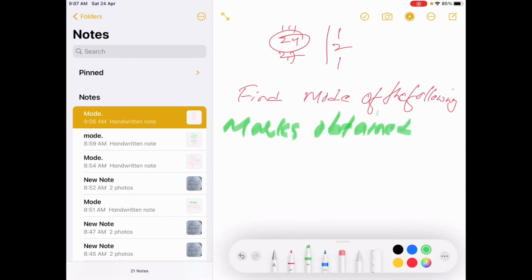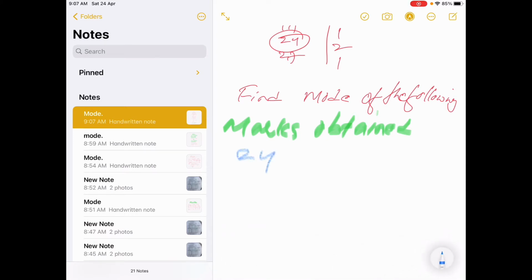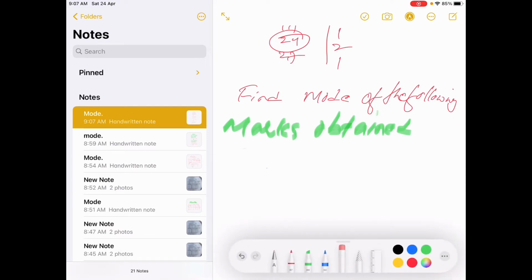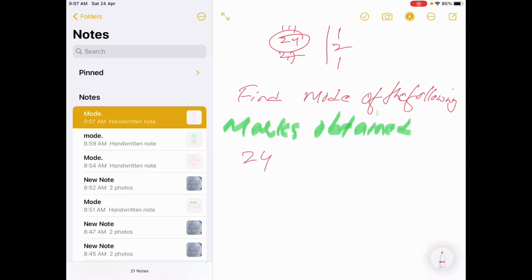Marks are 24, 14, 20, 17, 20 and 40. This looks very blurred, no? So from these particular marks we have to find mode.